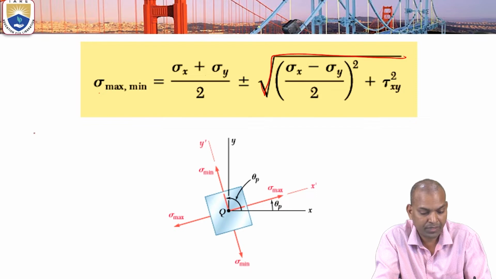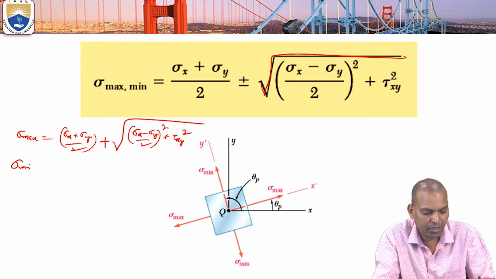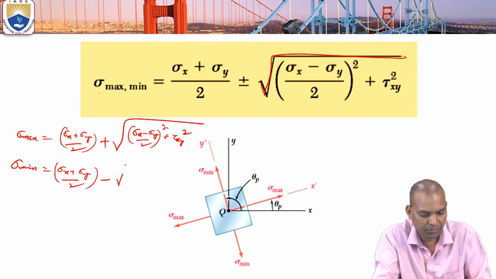Sigma maximum, that is the maximum stress, equals sigma x plus sigma y by 2 plus the square root of sigma x minus sigma y by 2 whole square plus tau xy square. And sigma minimum equals the negative term, that is sigma x plus sigma y by 2 minus the square root of sigma x minus sigma y by 2 whole square plus tau xy square.